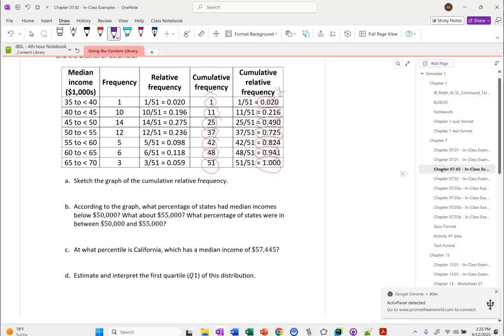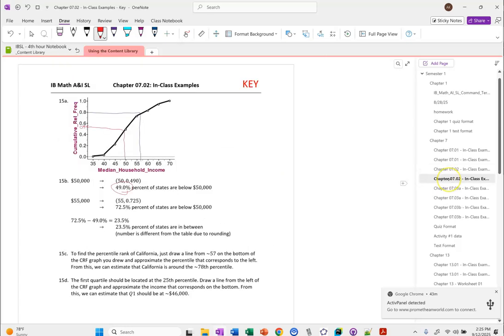Again, you should have seen that in the homework if you've started it already. So if I want the first quartile, what is the first quartile? 25%, right? So I just go back here, 25% looks like about this.